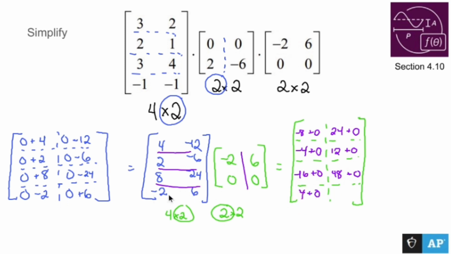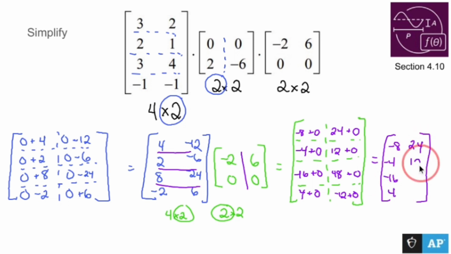And then last but not least, last row, last column: negative 2 times 6 is negative 12, and 6 times 0 is 0. Then you add them up. Lots of zeros. So basically, you get negative 8, negative 4, negative 16, 4, 24, 12, 48, negative 12.